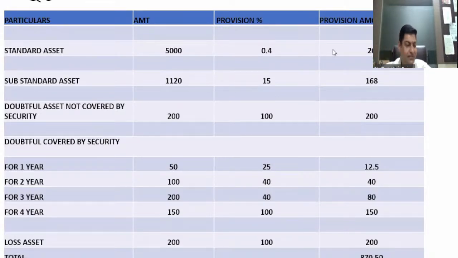There may be some mistake. Okay, guys, I hope this is clear.